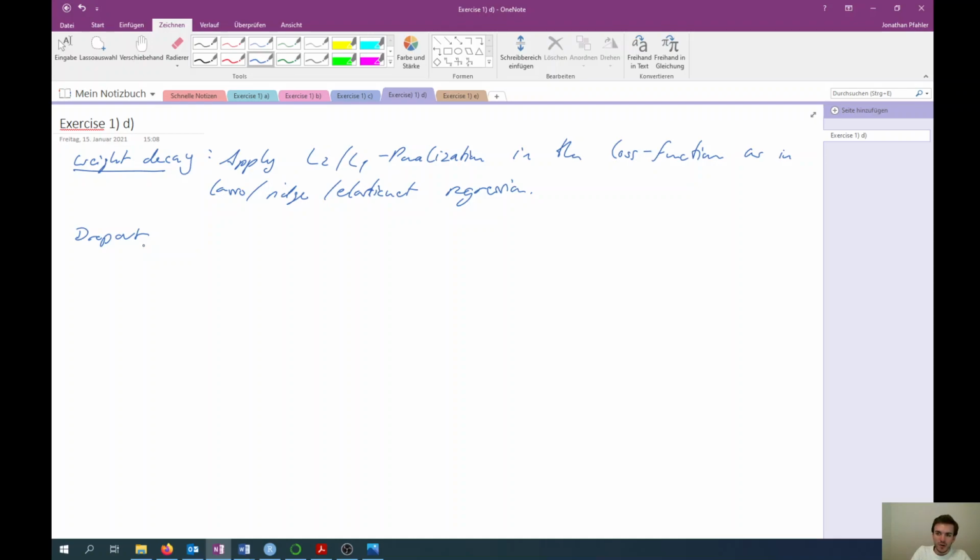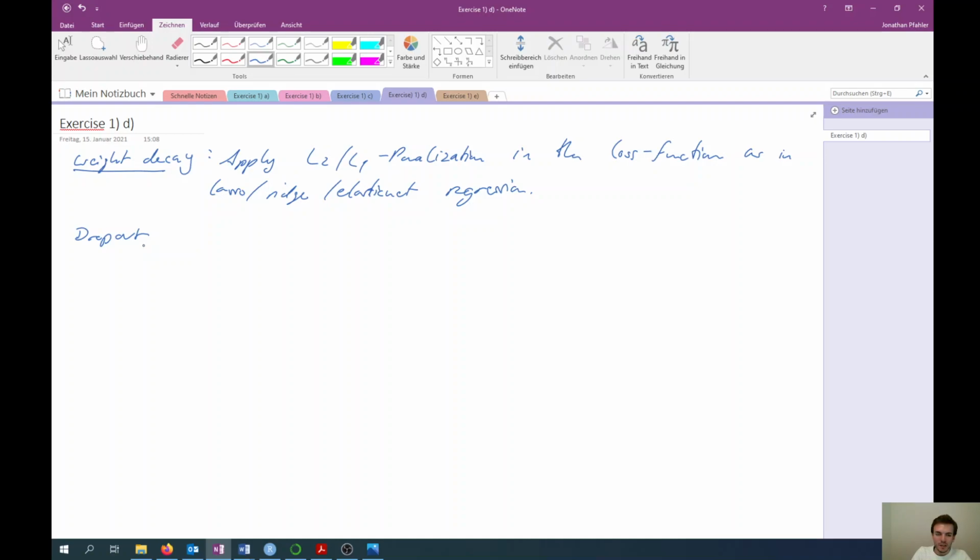For every run in the training phase, we have a predefined probability P. We set this beforehand as a hyperparameter: how likely it is that a node will disappear during the training phase.